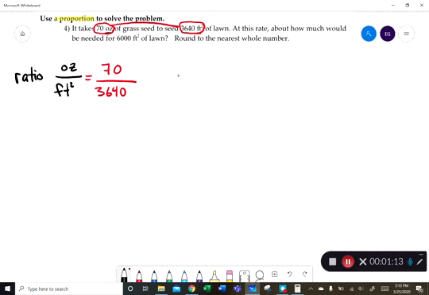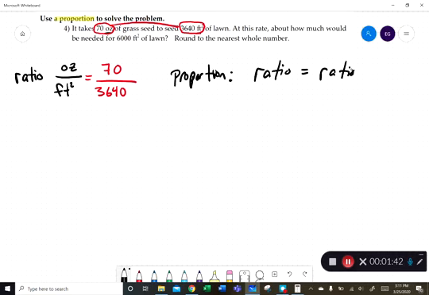Now, going back to the original directions, use a proportion to solve the problem. A proportion is a mathematical statement that says two ratios are equal. A ratio is a single fraction with units, and a proportion is an equation saying one ratio is equal to another ratio.